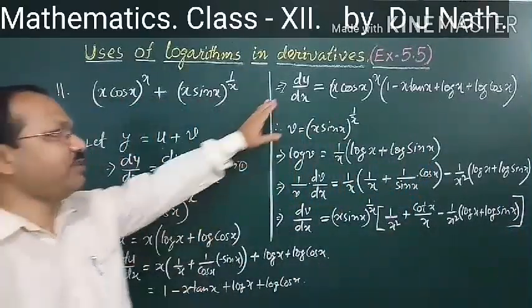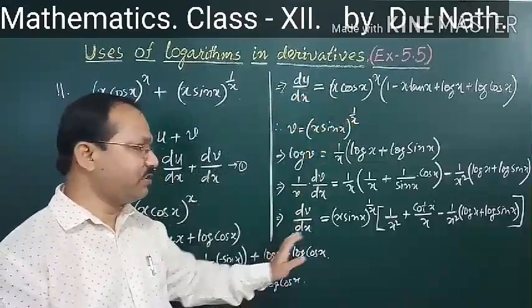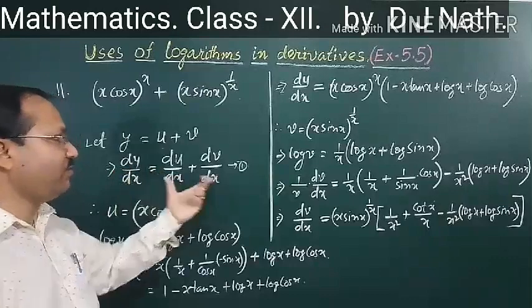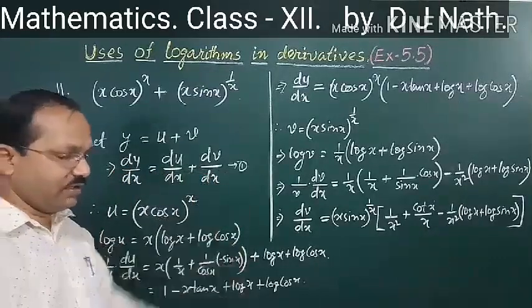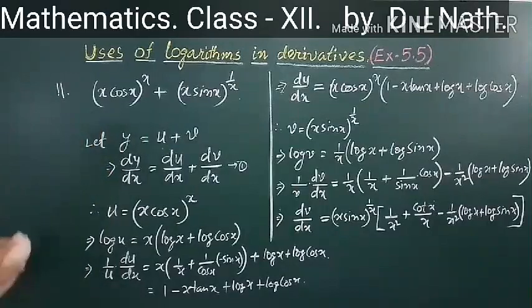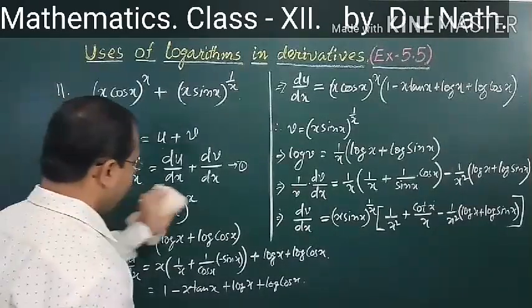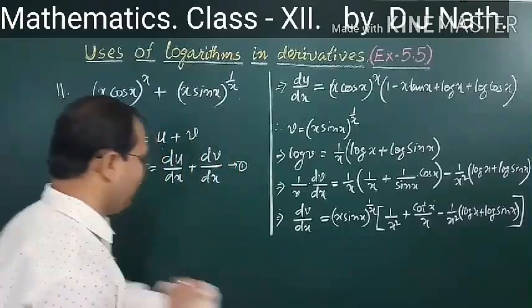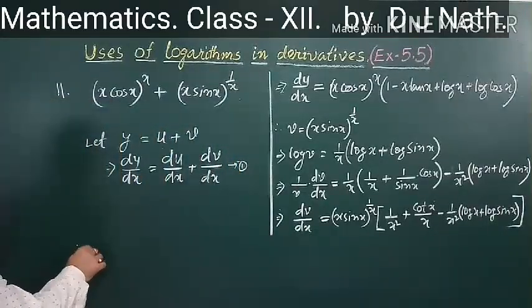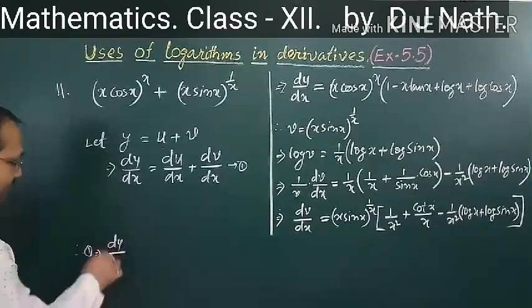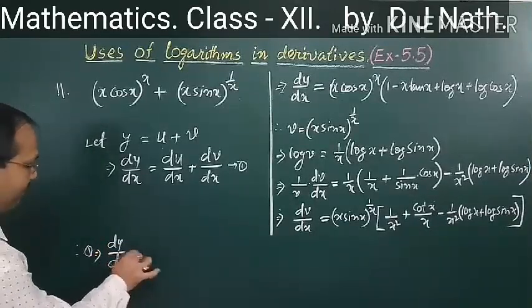Now du dx we have found out, dv dx also we have found out. So what will be dy dx? We will put in this equation number 1. Therefore dy dx is equal to du dx.